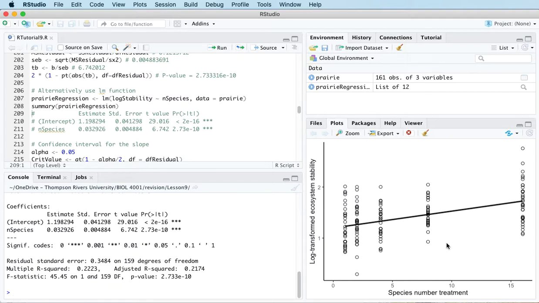The reason that is of interest is because if the population slope was 0, that would imply there's no linear association between the response variable and the predictor variable. And so that would make the whole analysis that we're doing a little bit redundant, because if there's no linear relationship there, we can't make use of that.